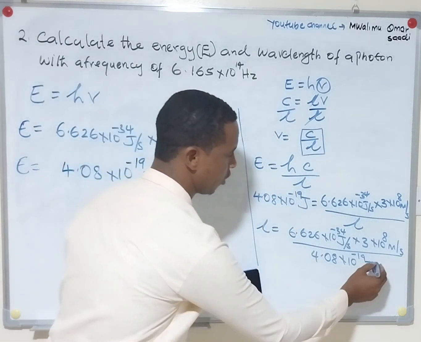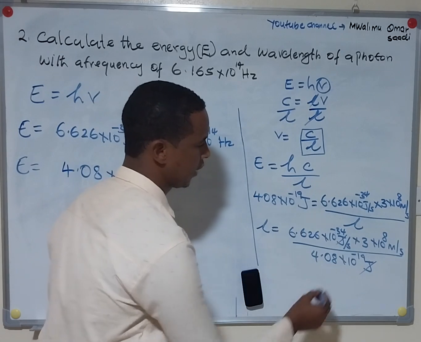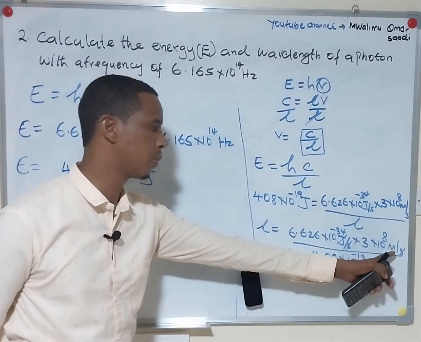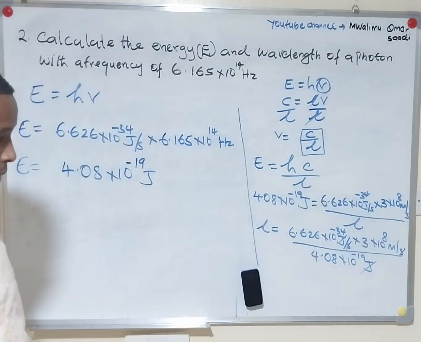So joules we cancel with joules, and seconds we cancel with seconds. So we are remaining with meters. So let's multiply that.